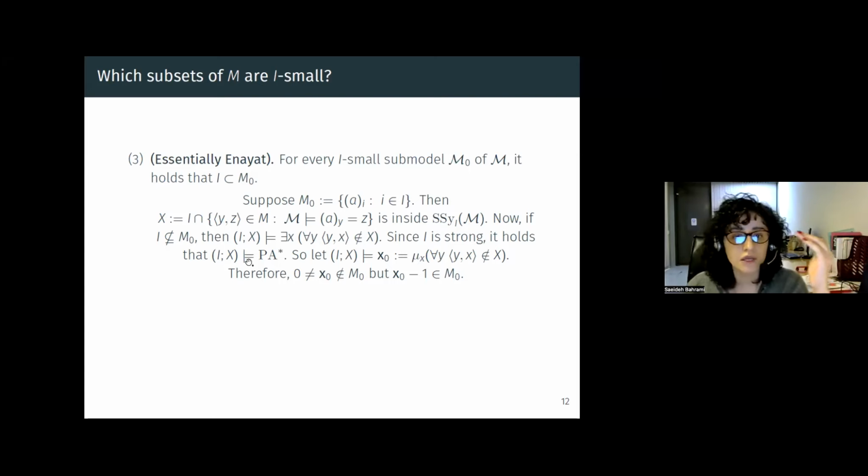So I and X should be a model of PA, and it is a model of I sigma 1.